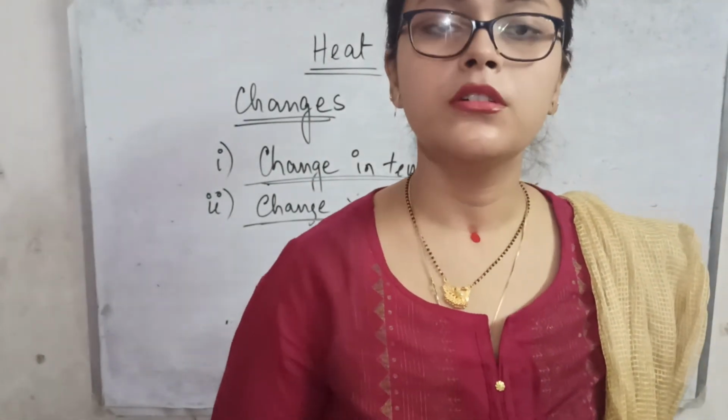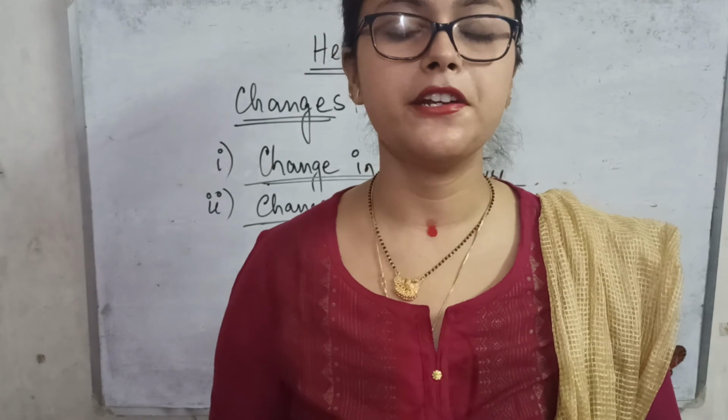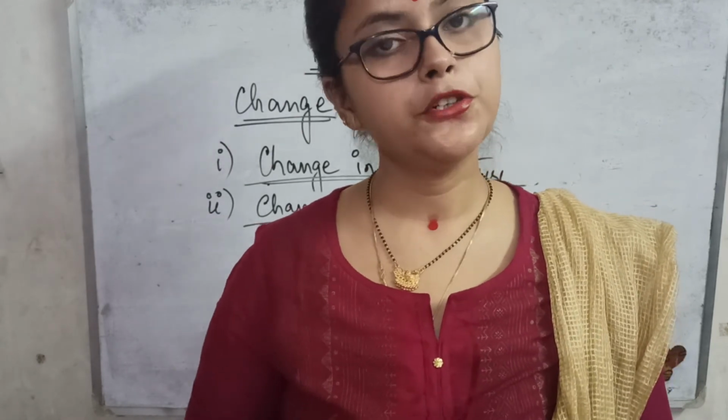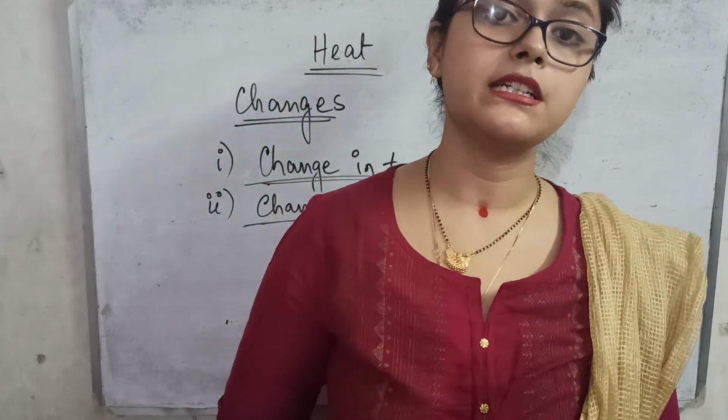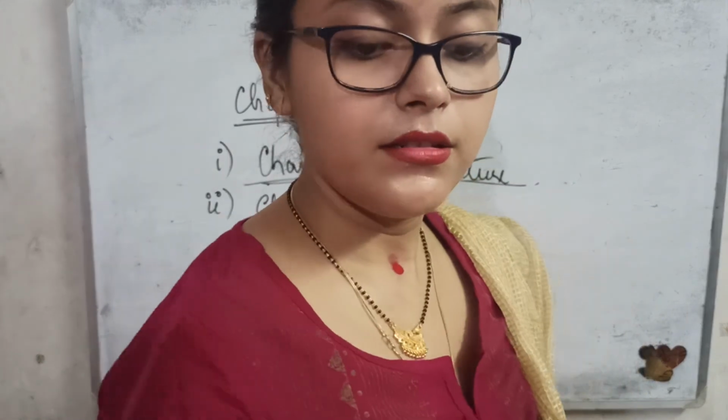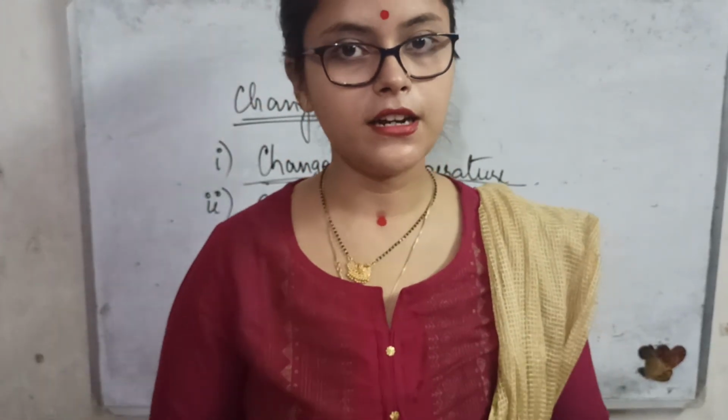Go through that portion thoroughly, and if you have any problem, you may call me up or we may have a discussion in our online class through Google Meet, which we will be starting very soon. Go through the chapter, and whatever assignments you will get, just solve them.